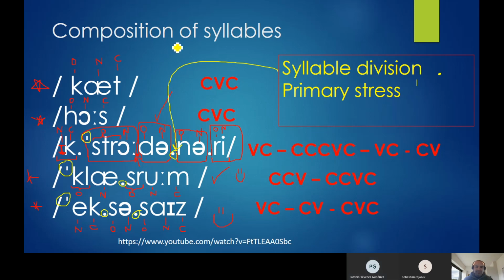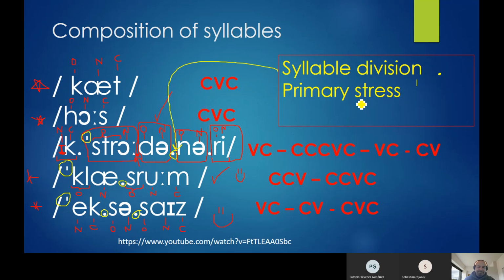That's important to remember. These two concepts: we have seen the composition of syllables, that syllables are divided using dots, and that there is a primary stress also shown here. And as we have primary stress, there's also the so-called secondary stress. Some people even talk about tertiary stress, and others talk about level or plain stress.